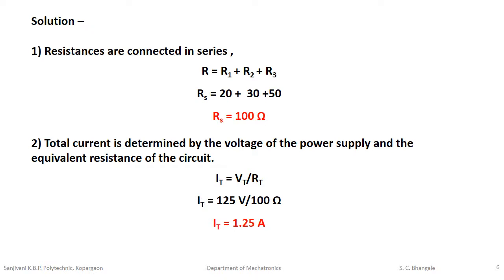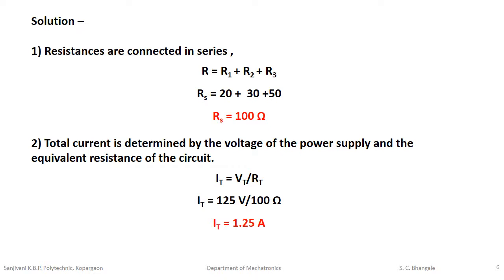First we'll note the given quantities here. Two parameters are given. The value of voltage is given, which is 125 volt, and the values of resistances R1, R2 and R3 are 20 ohm, 30 ohm and 50 ohm respectively. First we will calculate the equivalent resistance of the circuit.